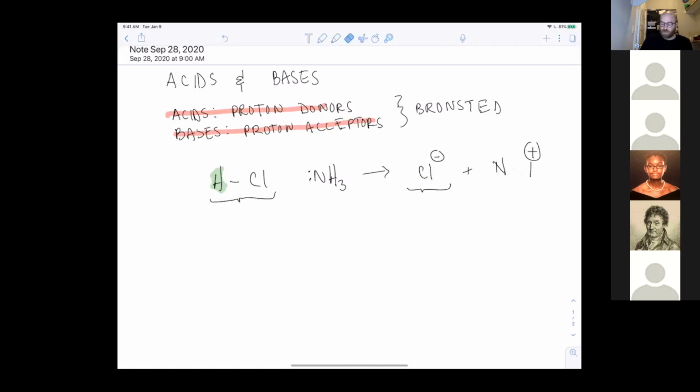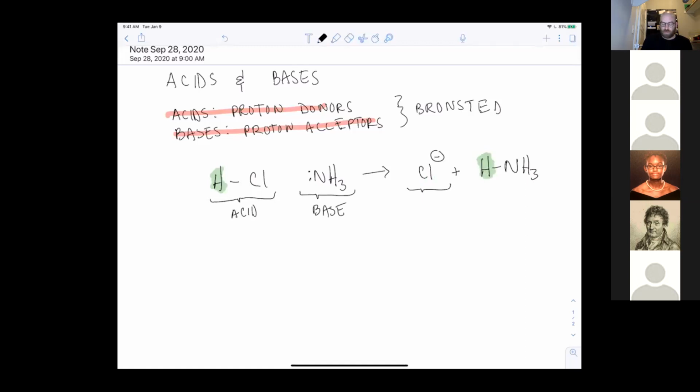It probably helps to draw this out a little bit differently. It's donated its proton to the ammonia that we had on the left-hand side of the equation. So this would be our acid, and this would be our base.